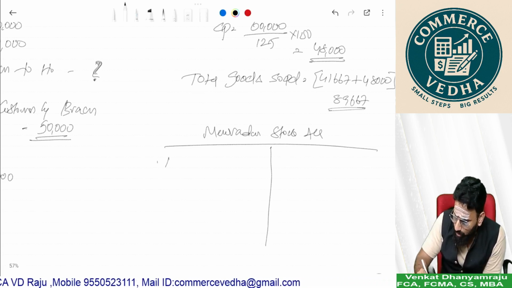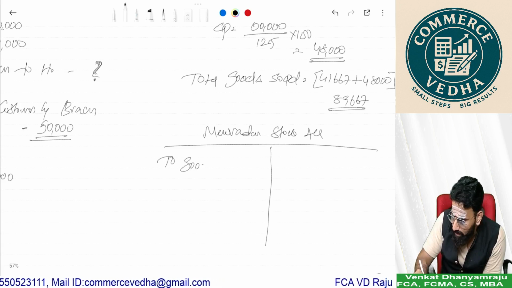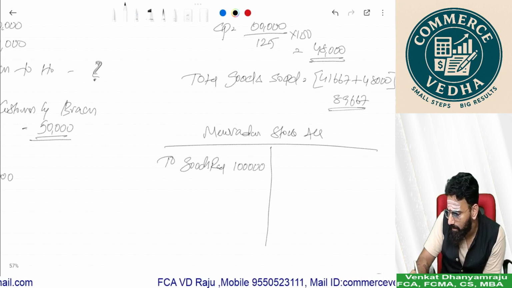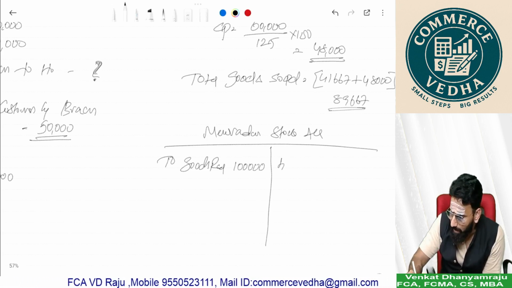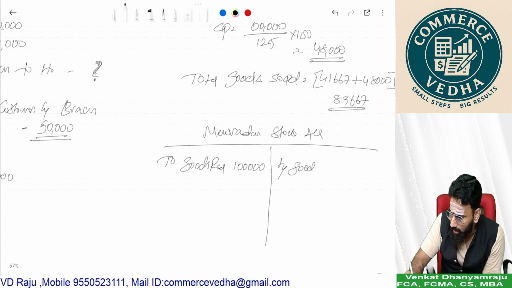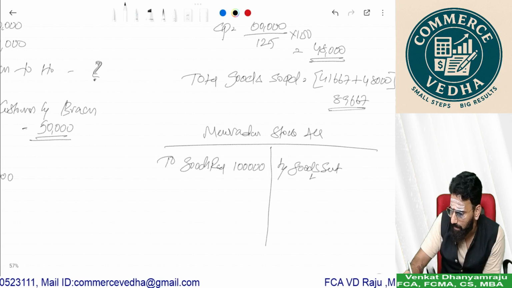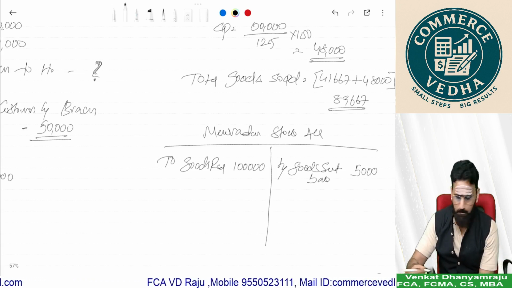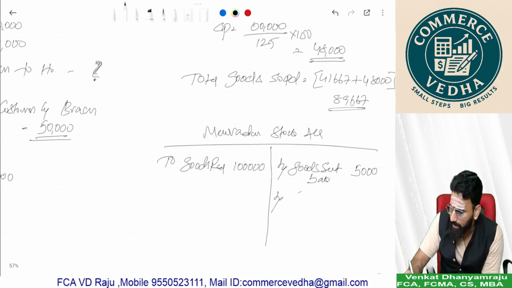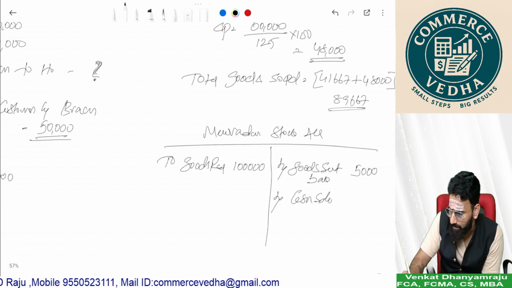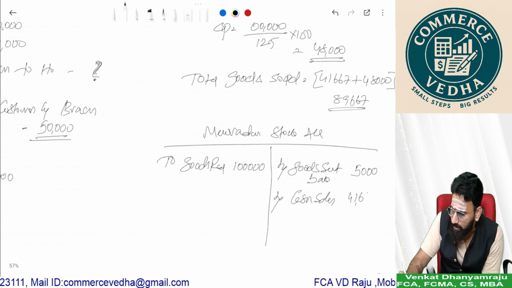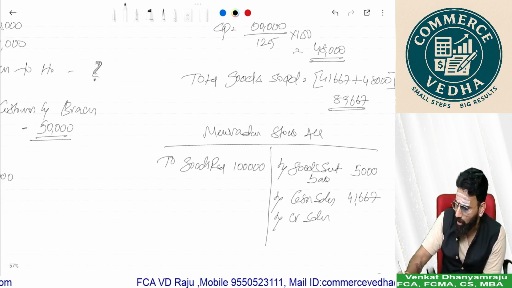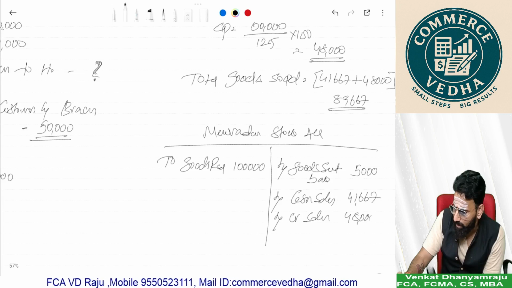Say to goods received 1 lakh, by goods sent back 5,000, by cash sales cost price 41,667, by credit sales cost price 48,000.